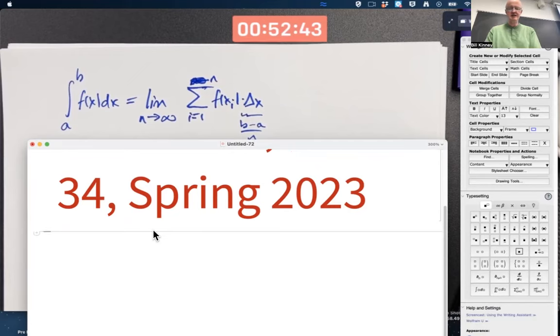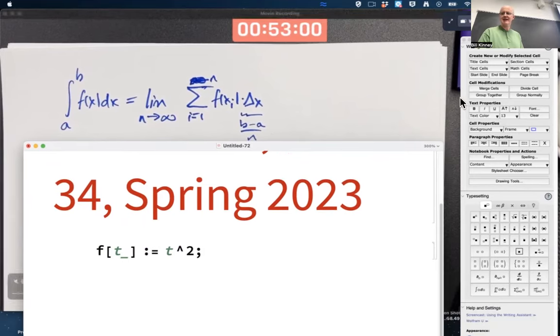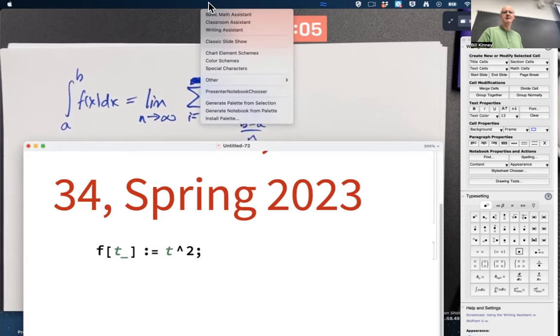So f of t is t squared. We already know the answer for the distance traveled from time 0 to time 5. It was 125 over 3, 41.6 repeating. If you use Mathematica's definite integral symbol on the palette, you can get to the palettes by going to the palettes menu.